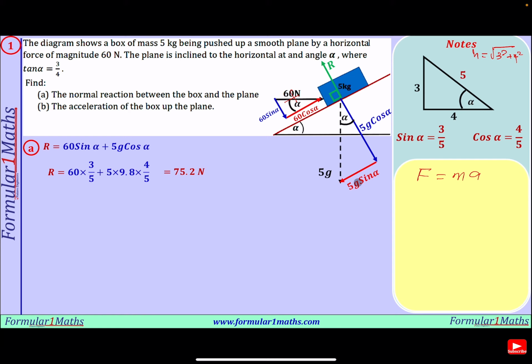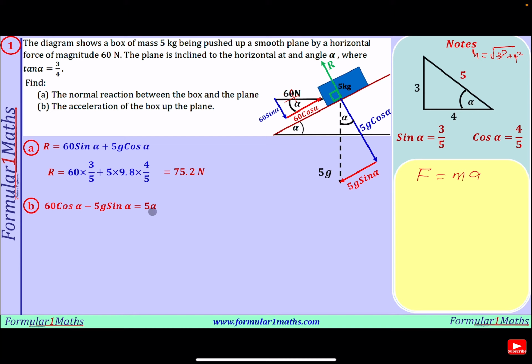So the force propelling it up the plane will be 60 cos alpha minus 5g sine alpha. So we get this: 60 cos alpha, that's this one, moving it up, minus 5g sine alpha, opposing the motion. So it's going to be negative.